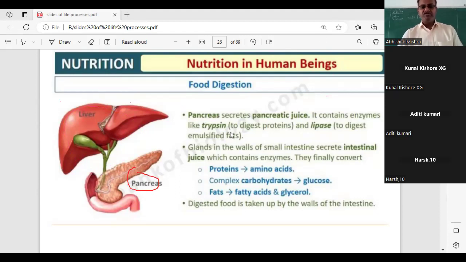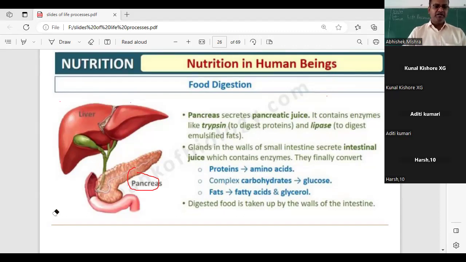Trypsin digests protein and the lipase ultimately digests the emulsified fat. So what are the three components of the pancreatic juice? Pancreatic amylase that breaks the starch. So finally, the starch digestion is completed in the small intestine. Then we have the trypsin. The trypsin breaks the protein and the lipase digests the emulsified fat.